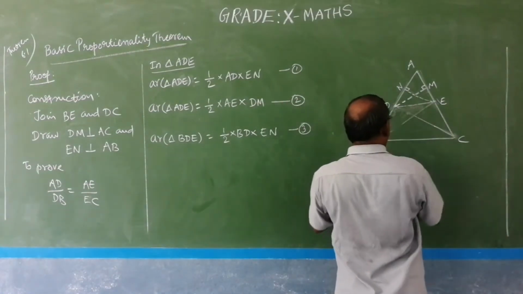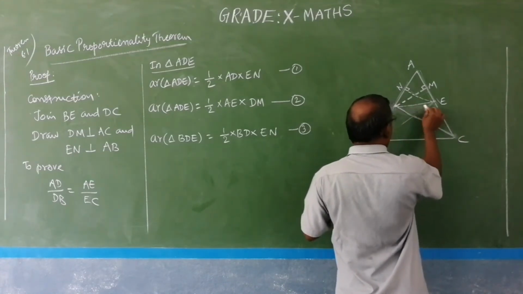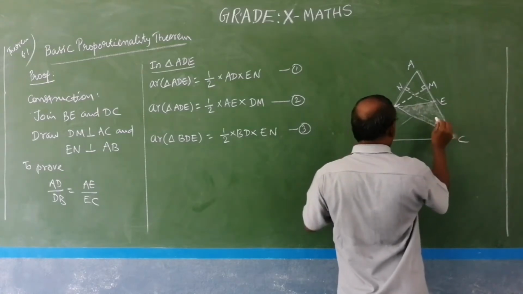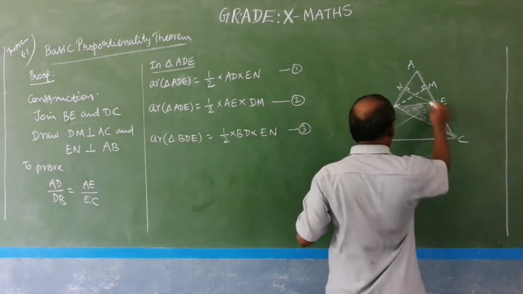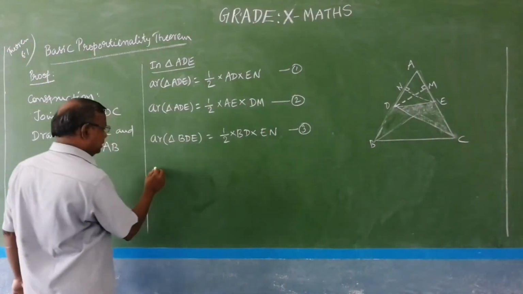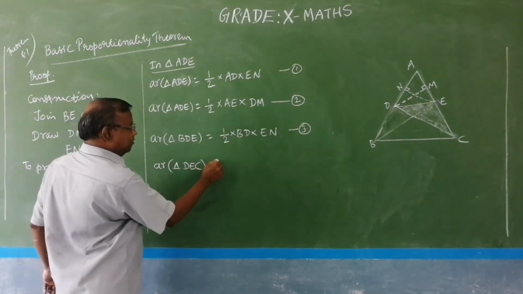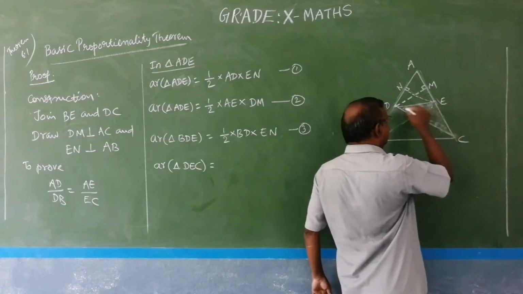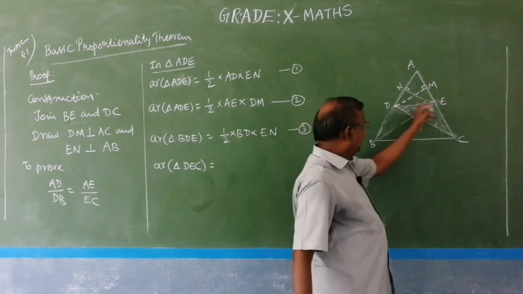And let me consider another triangle, that is DEC. Now I am shading this triangle DEC. Here the area of the triangle DEC, if I take EC as its base, then DM must be the altitude of the triangle DEC.